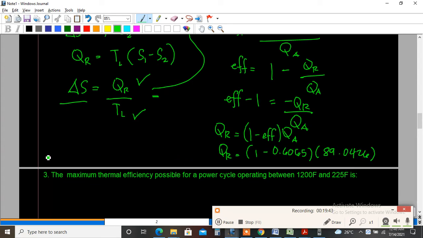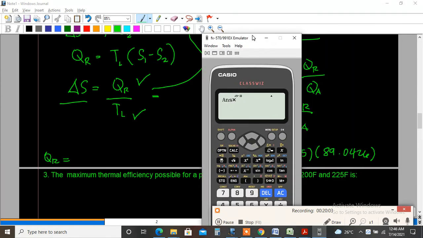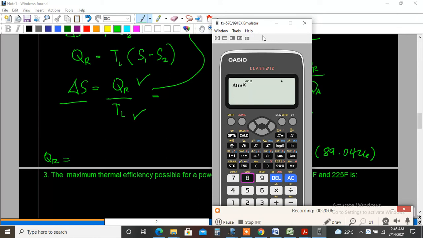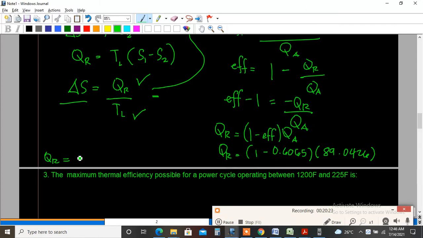So QR will be equal to, calculator, 1 minus 0.6065 multiplied by 89.0426, that is equal to 35.0382 kilojoules. That is the QR, heat rejected.